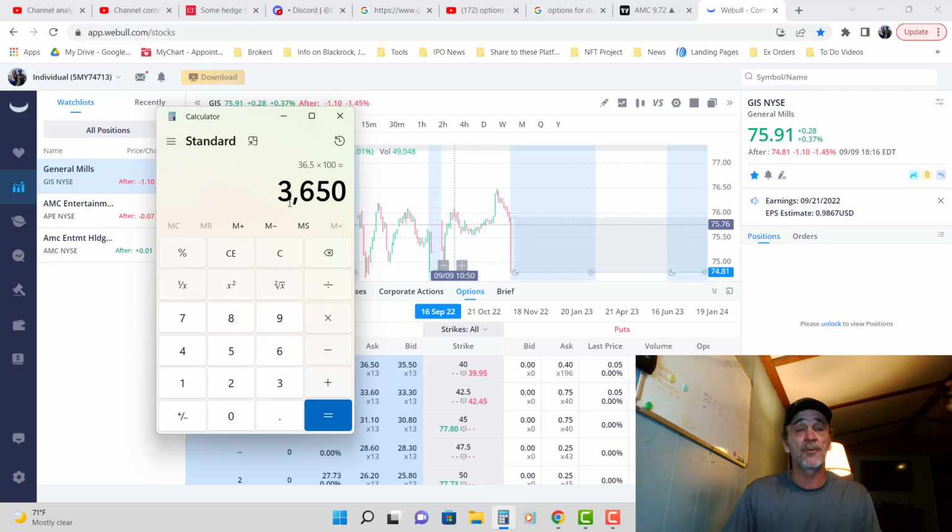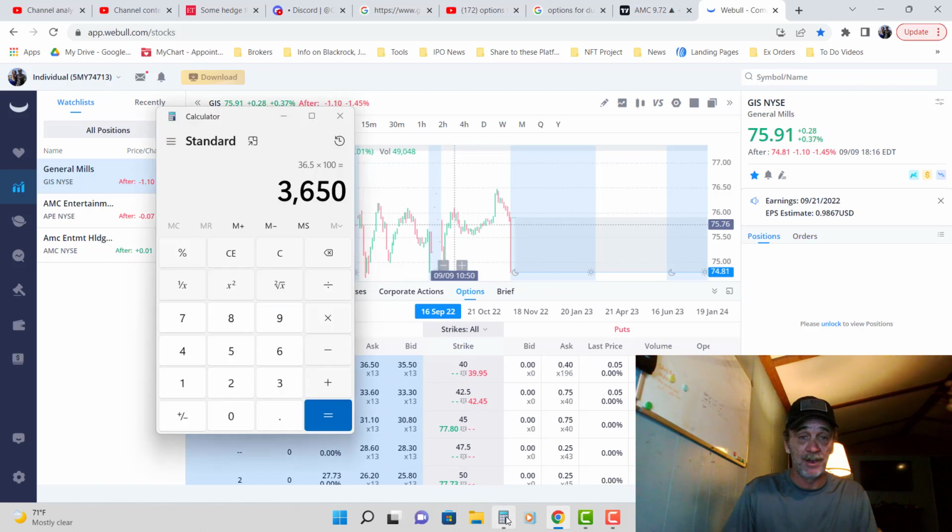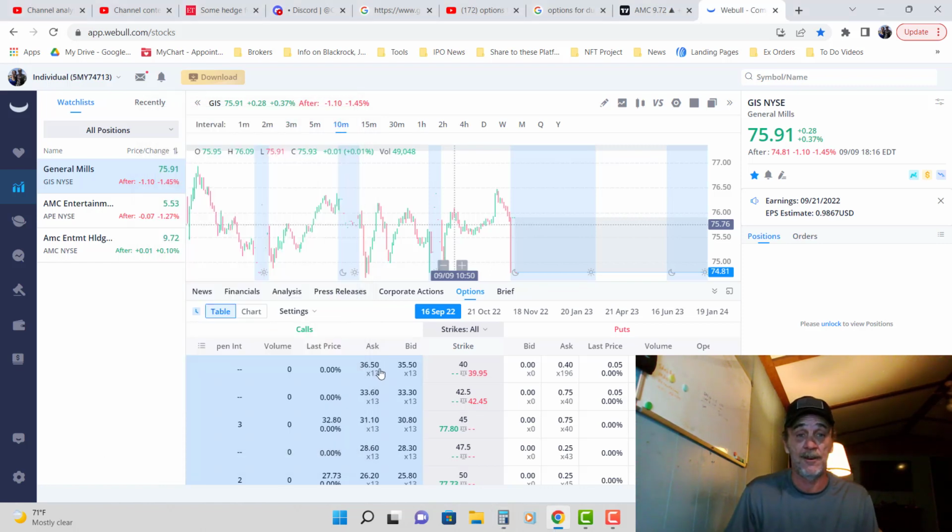You're going to spend $3,650 to buy a $40 call for General Mills. Now, the moment you press the buy button, it's only worth $35.50. So now $35.50 times 100 is $3,550. So the moment you buy that option, you're down $100 because the spread is $1.